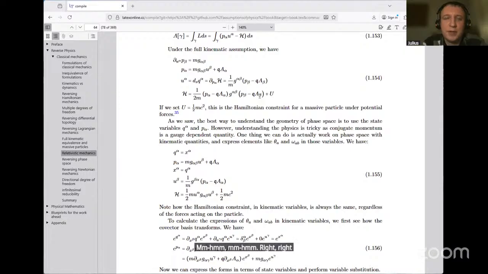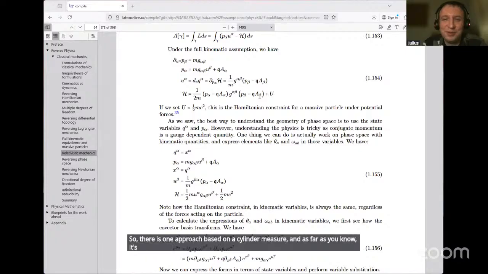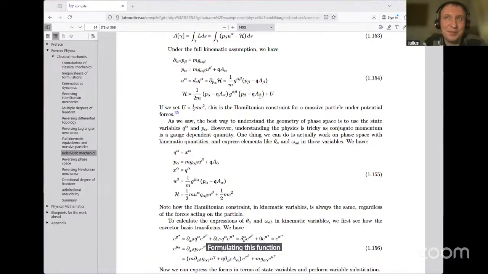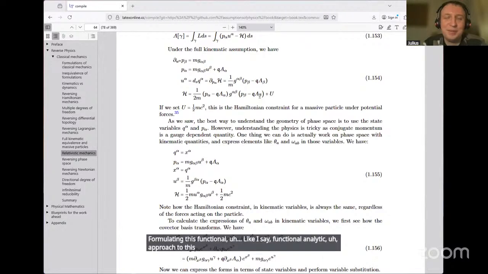Right. Yeah, with field theories, I wanted to try to write down a dictionary, but it's taking some time. So there is one approach based on a cylinder measure, and as far as you know, it's the most successful one in formulating this functional analytic approach to these kinds of questions.